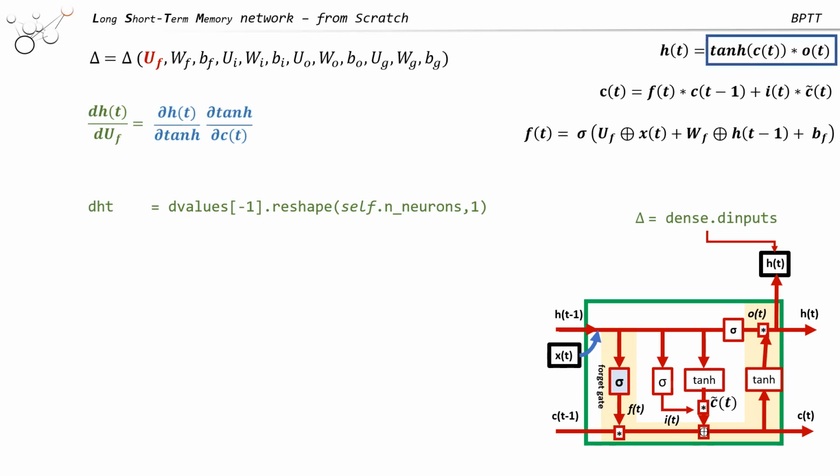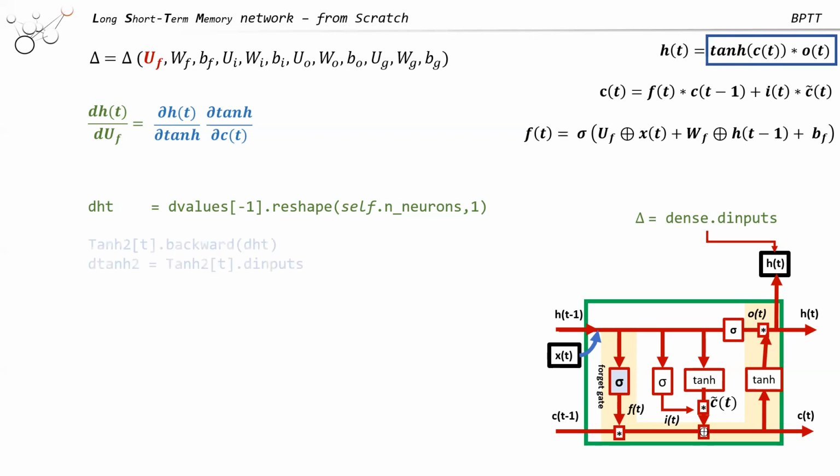But then we have to go to this equation, how H depends on CT, because CT depends on FT and FT depends on UF. So we have to go all the way back, and we have to start with the outer derivative of the tangents hyperbolicus. So dH, the tangents hyperbolicus, times dH at the tangents hyperbolicus dCt, because we have FT and CT.